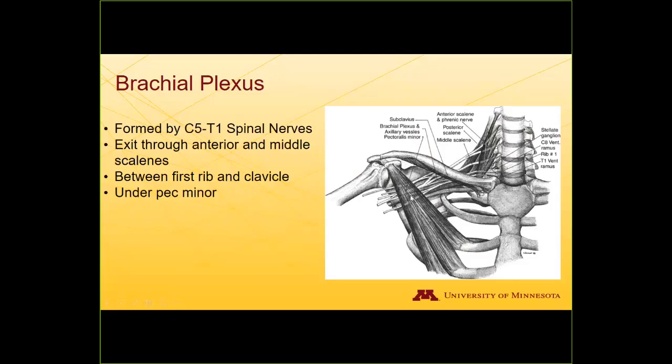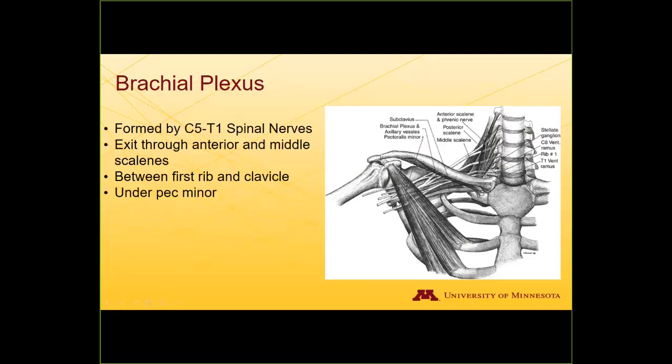So that's important to understand because there's a slew of conditions referred to as thoracic outlet syndrome. And thoracic outlet syndrome is probably a term that you've heard of before, but basically what it means is that the brachial plexus is irritated in one of these three sites, or it's being compressed in one of these three sites. And thoracic outlet syndrome also refers to the blood vessels potentially being compressed in those locations as well.